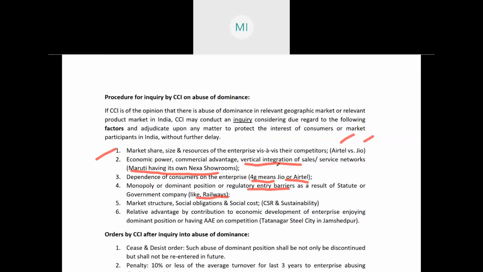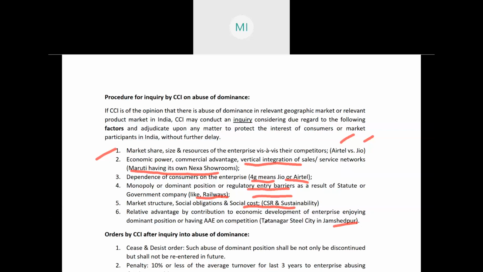That is, railways can be run only by the government, till the time they recently privatized a small portion of it. What are the social obligations, social costs? Like how much CSR activity is done by the companies? Say for example, Jamshedpur is called Steel City because of Tata. They have done so much for the citizens of Jamshedpur, because of which there is economic development of the whole city.